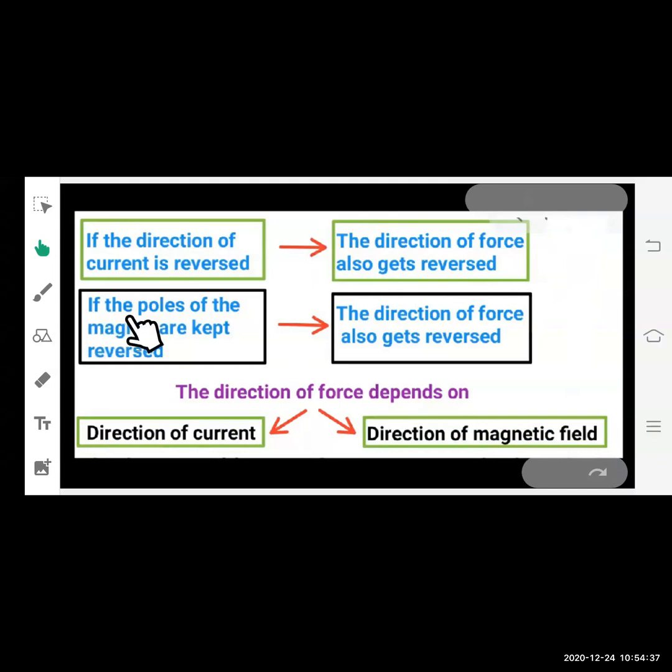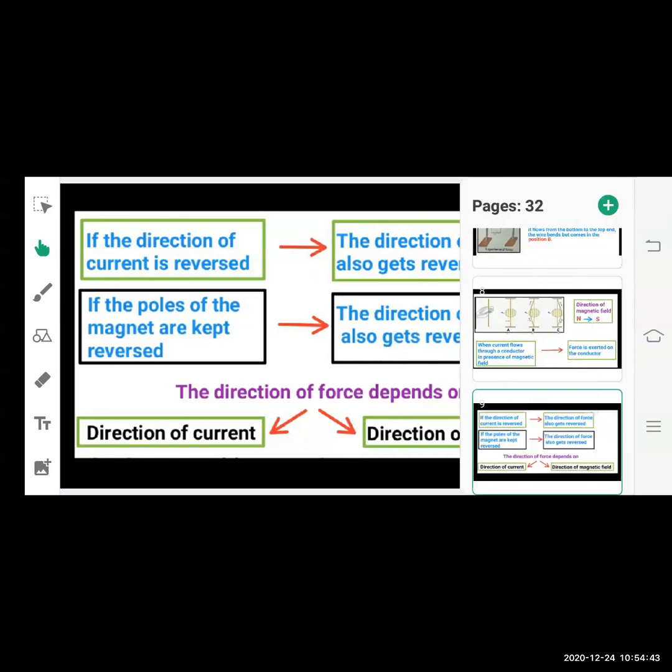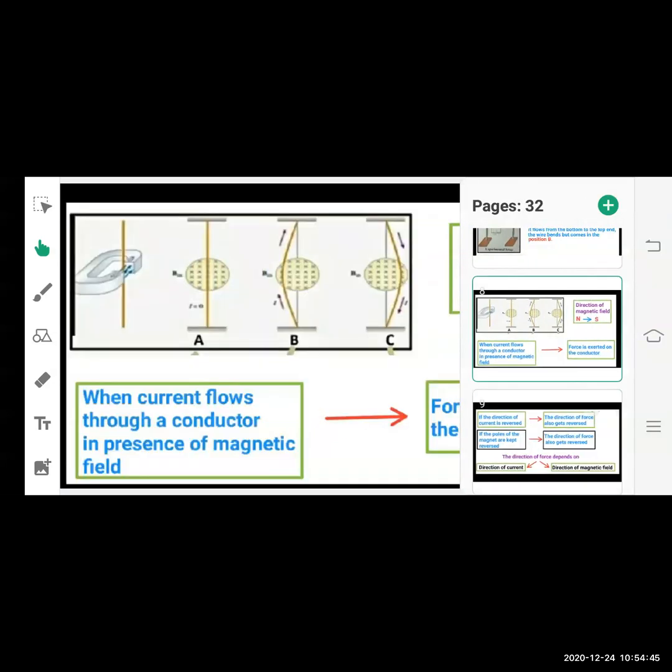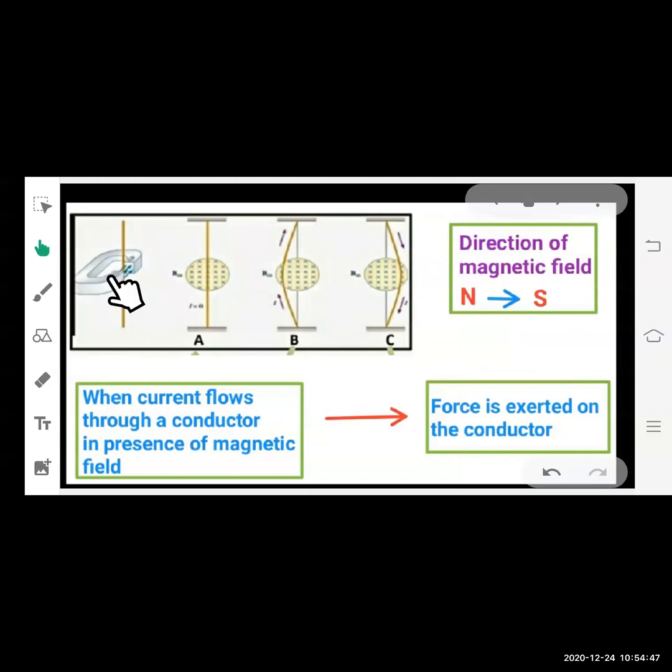And if the poles of the magnet are reversed, the direction of force will also be reversed. You can see in the previous picture that this side is the north pole and this side is the south pole. If we keep the south pole on this side and the north pole on this side, the direction of the magnetic field will also change. And if the direction of the magnetic field changes, the direction of the force will also change.